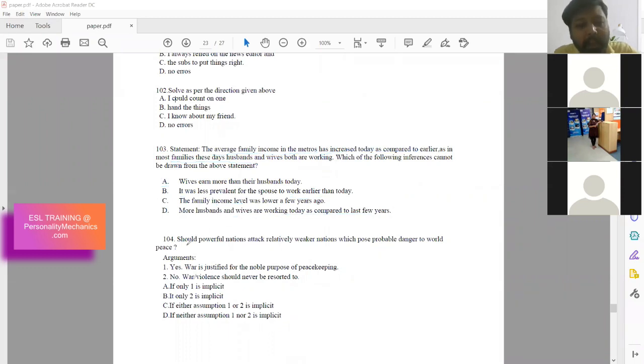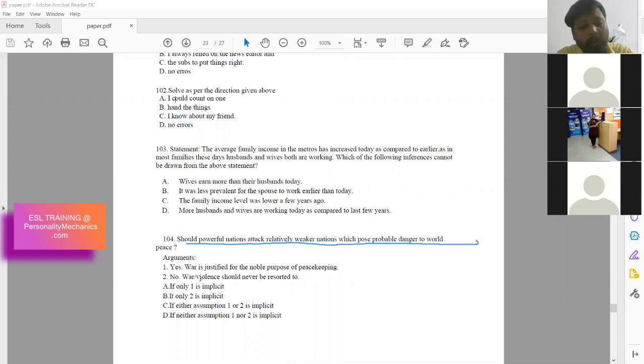So next is: should powerful nations attack relatively weaker nations which pose probable danger to world peace? The arguments are: yes, war is justified for the noble purpose of peacekeeping.